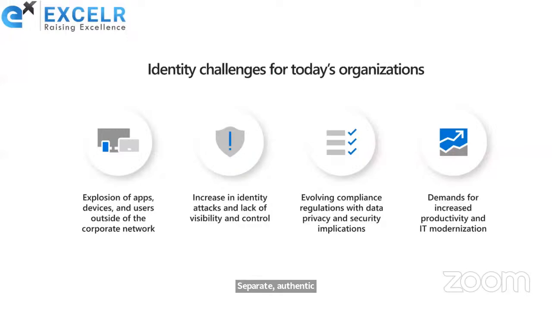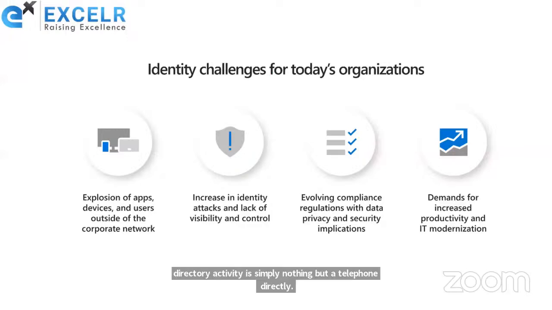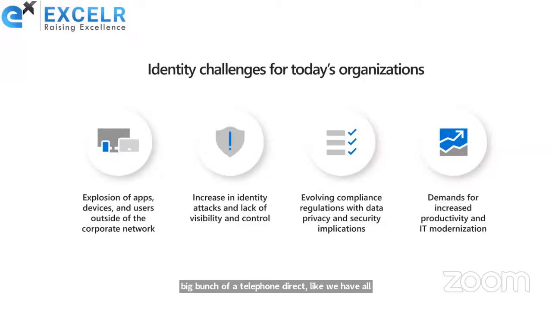For example, in earlier days, we had a big telephone directory with the numbers of people, names, first name, last name, email IDs, and the phone numbers to contact them. In the same way, Active Directory acts as a directory for an individual organization so that they will have access to management of the users individually so that it is secure enough. How it is going to be secure, let us try to see.